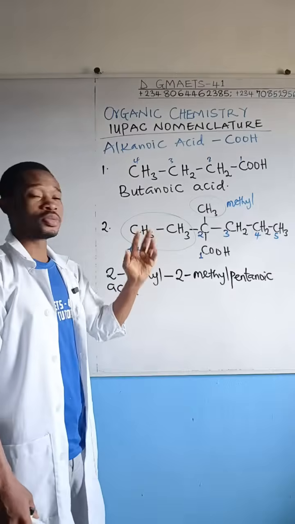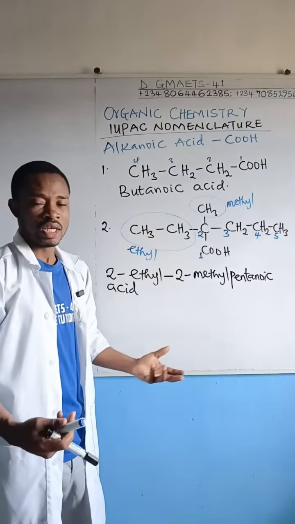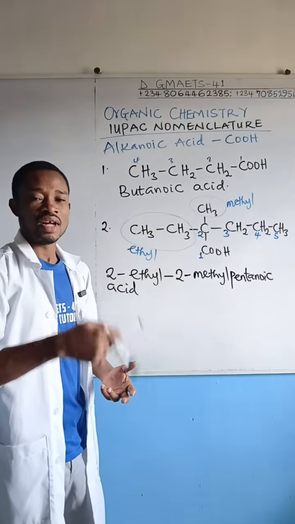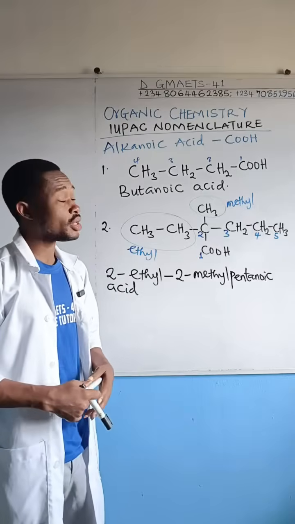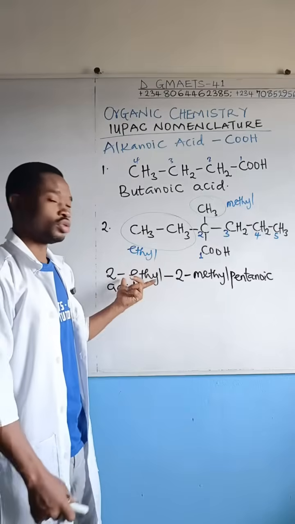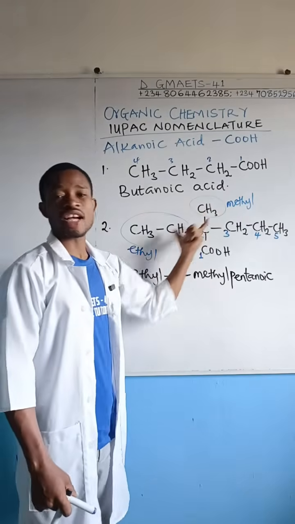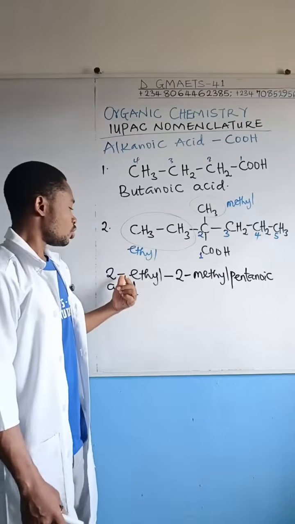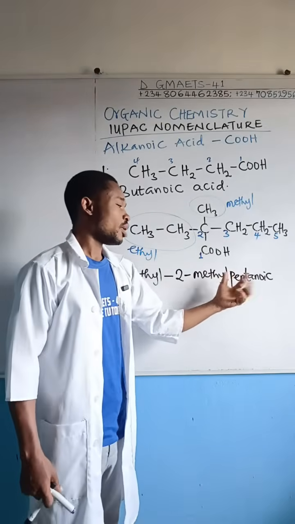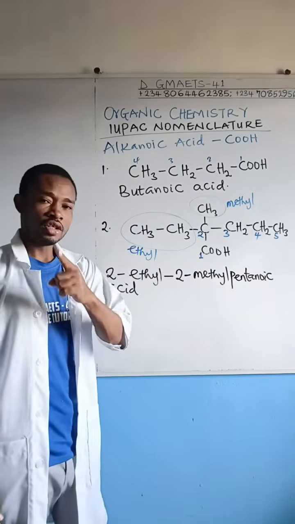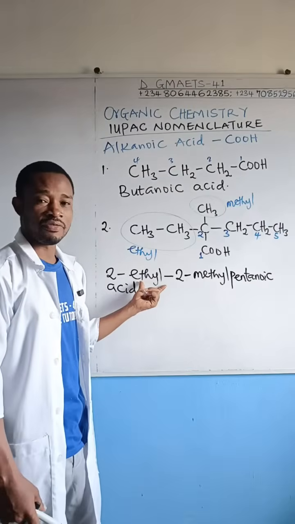Then because the groups are the same, it's now going to be dimethyl. Are you following? But in this case, this is what you do. You must break up the 2s, since the substituents are different. 2-ethyl, 2-methyl, pentanoic acid.